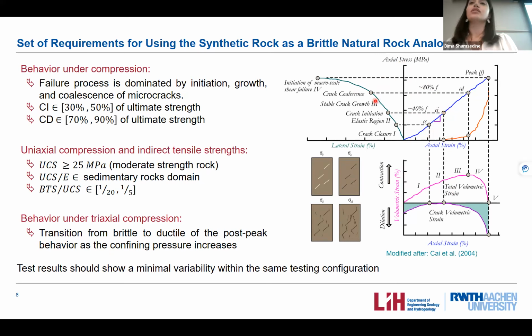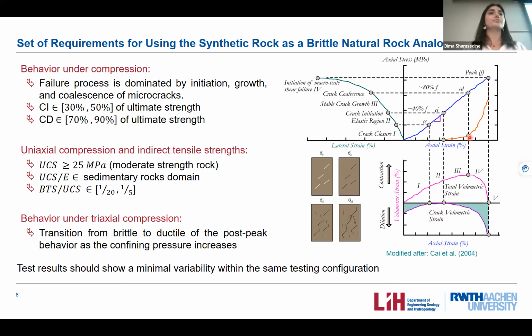The green one represents the variation of the lateral strain, and the pink one represents the variation of the volumetric strain. So as we can see here, the crack initiation and crack damage thresholds can be identified using the stress strain curves.